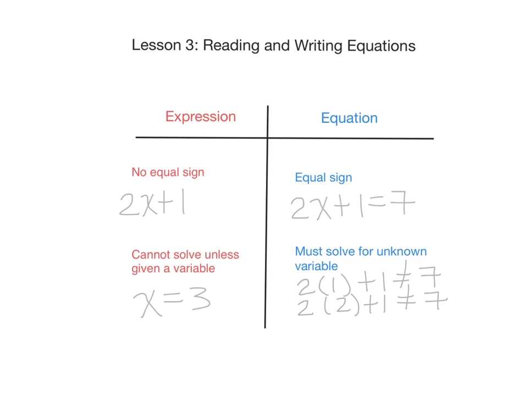That does not give us 7. Let's try 3. 2 times 3 is 6, plus 1 is 7. Therefore, in this case, our unknown variable x must equal 3.